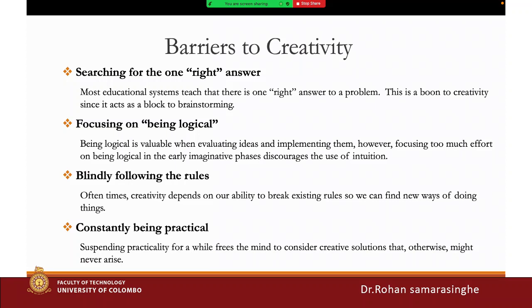Then after having a good idea, next you can think about whether we can implement it or not. Sometimes you cannot implement it with the available technology, or the technology is there but in your situation it is very expensive, so you have to find a cheaper solution for that.